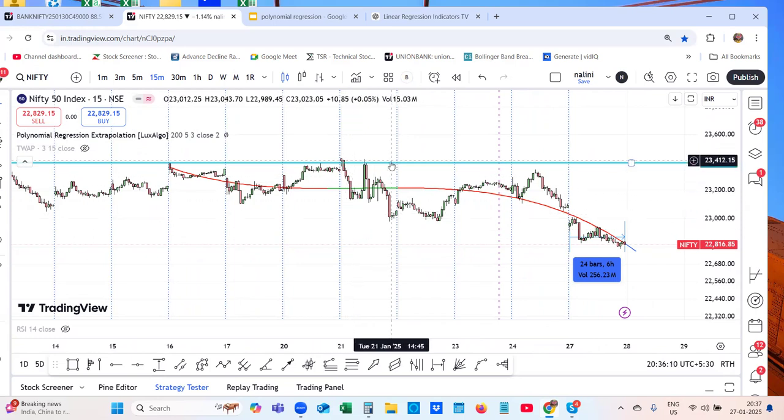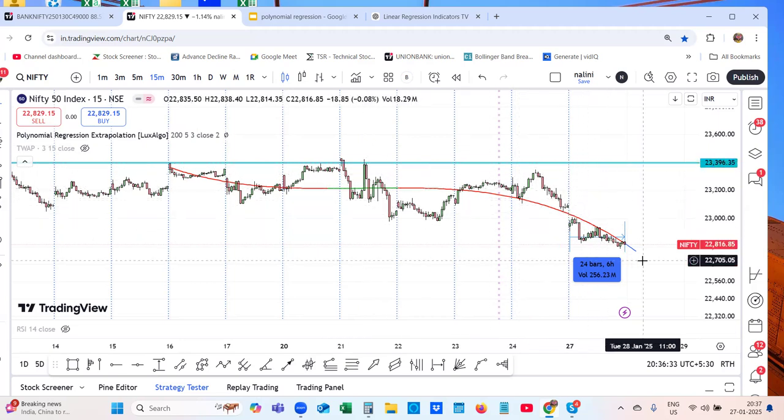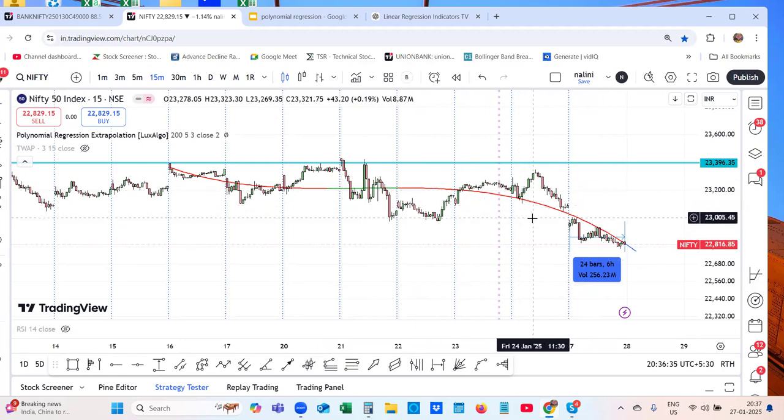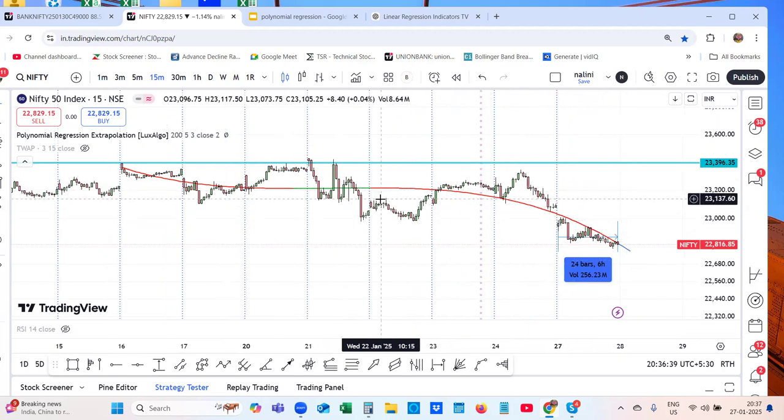Keeping this as the stop loss, they can sell the 23,400 call option. If they would have sold on 21st January, you could have captured a lot of money. Positionally, you could have sold and kept it because it is showing this.